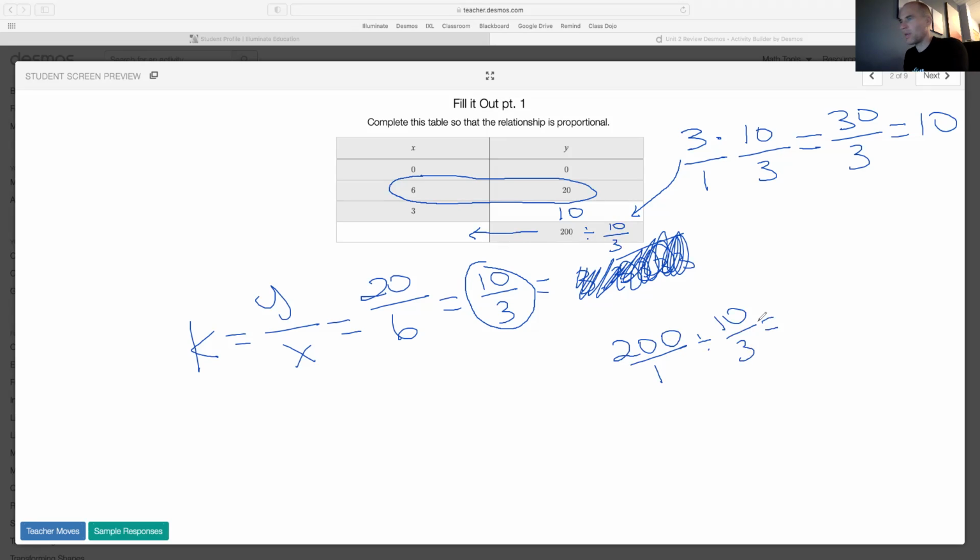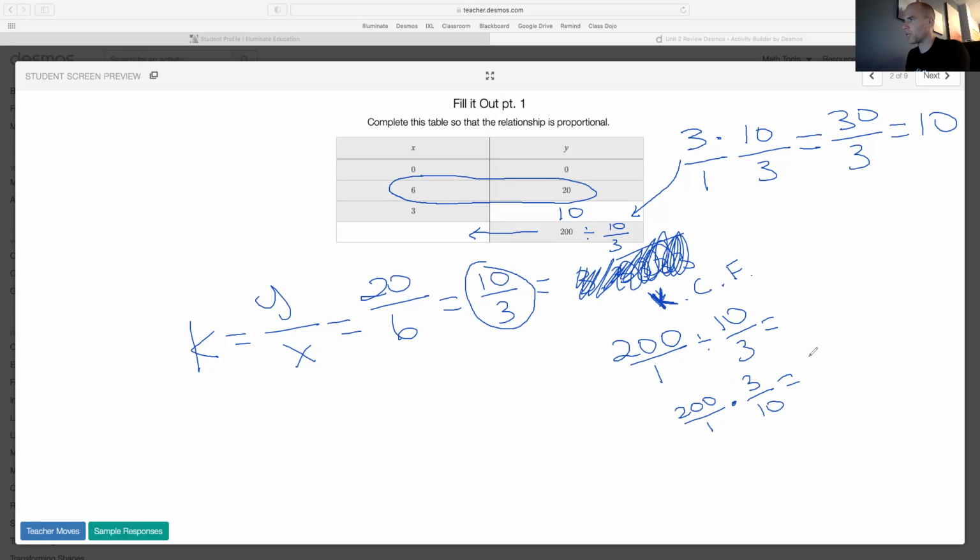If you keep, change, flip, so I'm writing a K here, the way this works is you can do fraction division by keeping the first number exactly how it is. So 200 over 1 is just going to stay as 200 over 1. But then I'm going to change from division to multiplication. And then I'm going to flip 10/3 to 3 over 10.